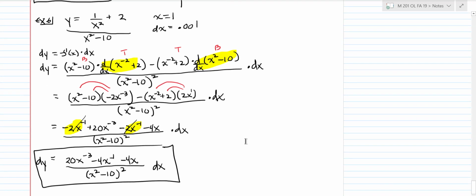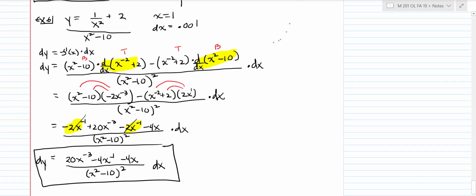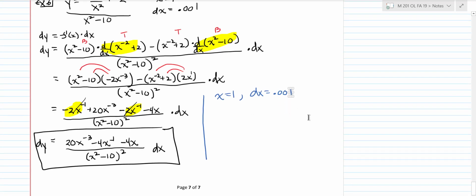Now in the second part of the problem, what you're going to end up doing is x is equal to 1 and dx is equal to 0.001. And we'll have to use a calculator to do this, so we're just going to plug in here. Everywhere we see an x, we're going to plug in 1. And then everywhere we see a dx, which is one place, of course, we'll put in the 0.001.